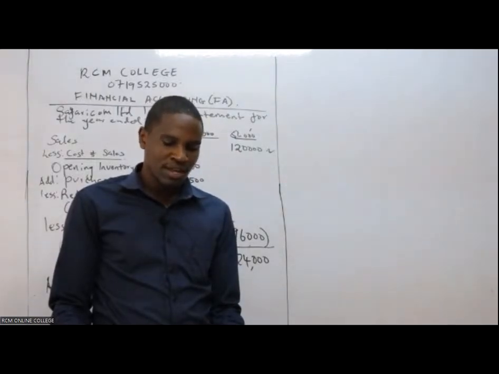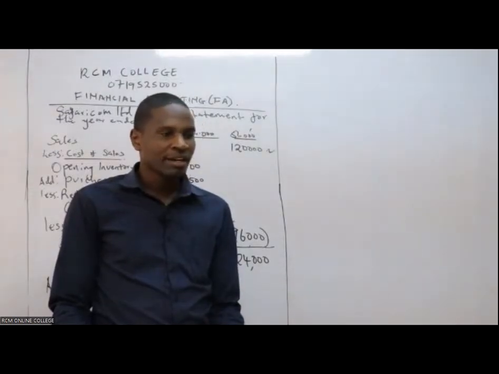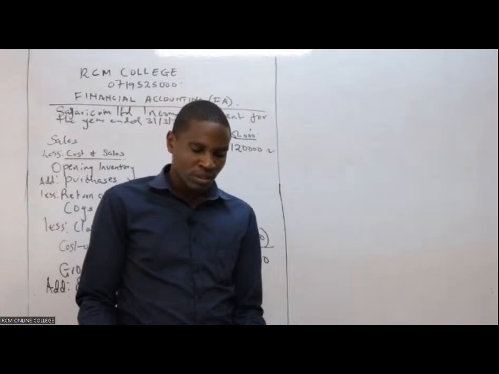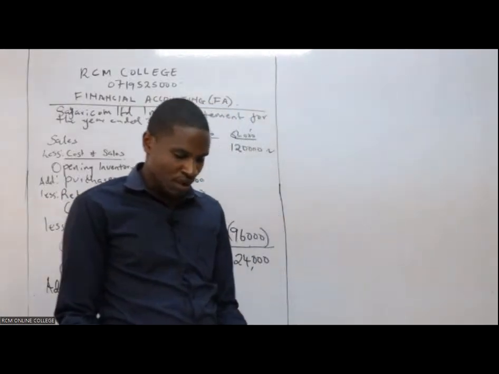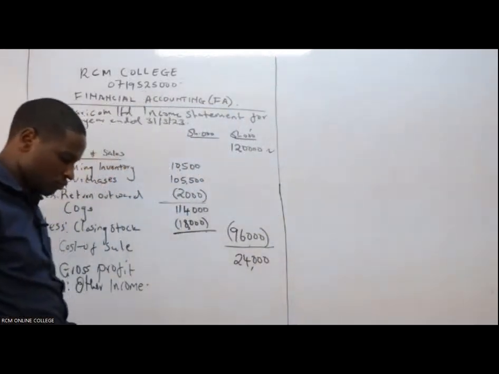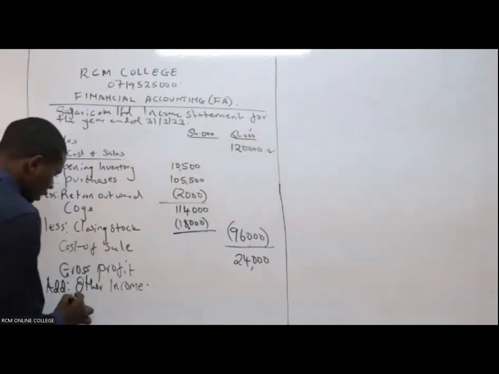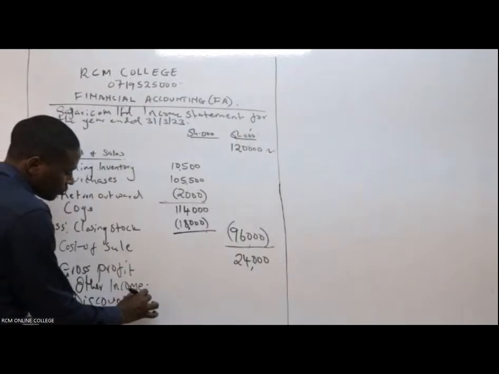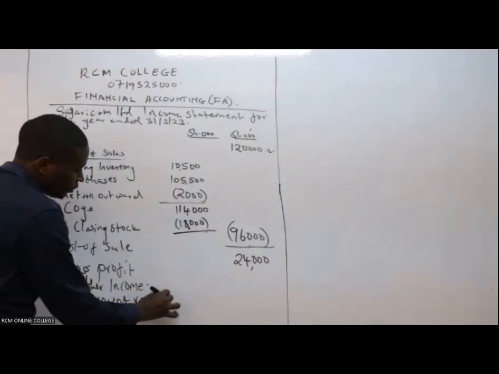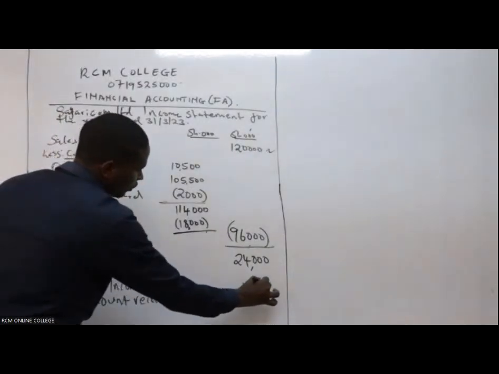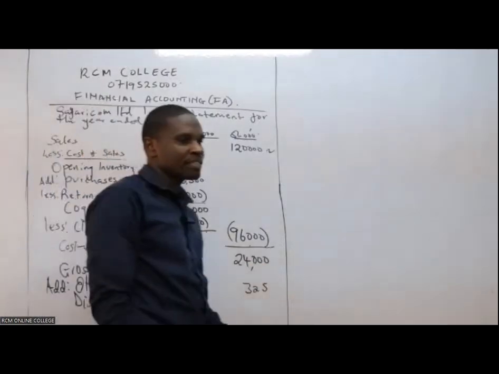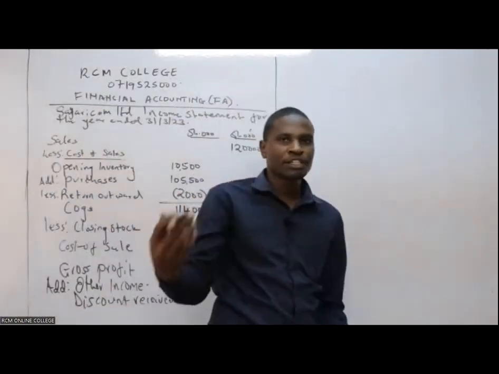The discount received is an income, and the discount allowed is an expense. Therefore, discount received was 325. So you come here and add discount received, 325.